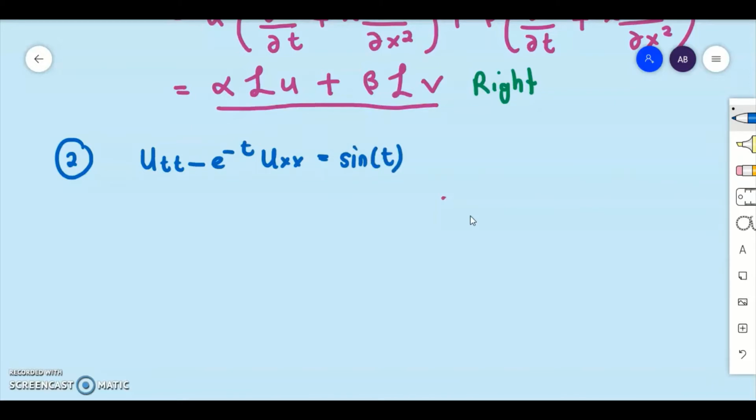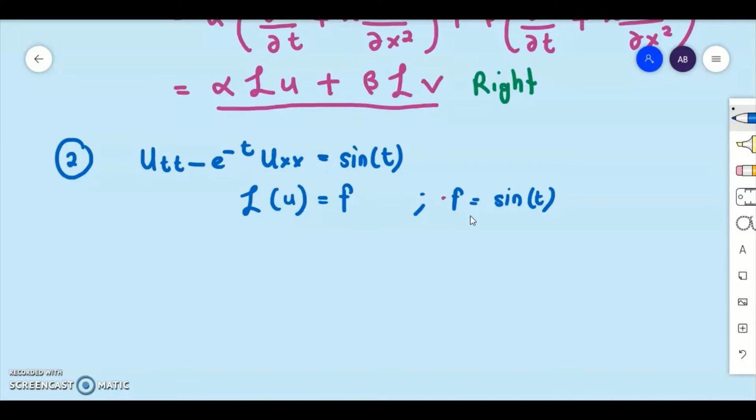Is this equation linear or non-linear? You can see the equation is of the form Lu equals F, where F is sine t. In other words, you have a non-homogeneous PDE, but you can still prove this.